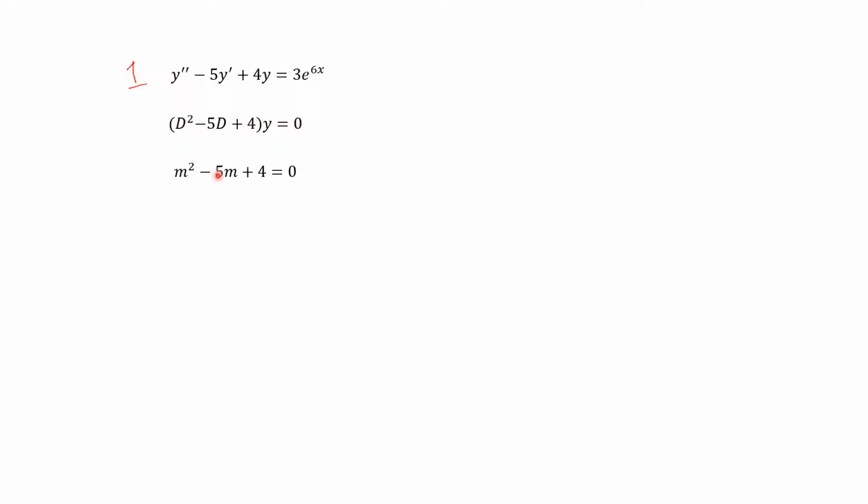You replace D by m. You have m squared minus 5m plus 4 is 0. Find the roots. You can factor this as (m minus 4) times (m minus 1) is 0. And of course, the roots are 4 and 1. And you can find the complementary solution based on this auxiliary equation, which is c1 e to the 4x plus c2 e to the x.